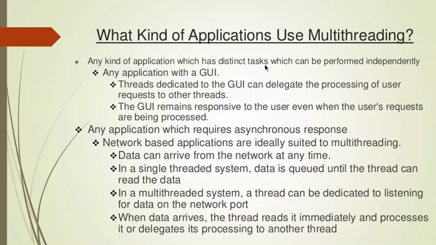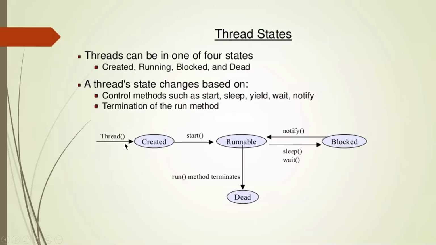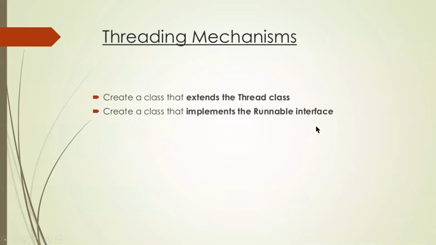What are threads? Threads are just pieces of code that run concurrently. Threads could be running or dead, or blocked. There are different states for the threads.